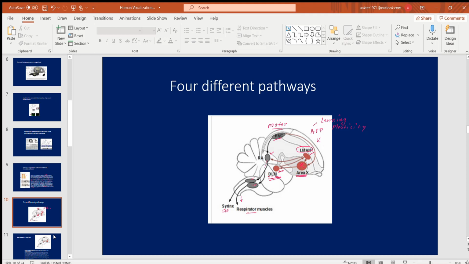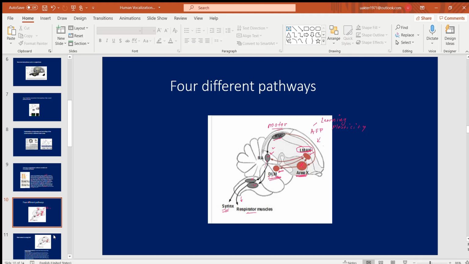Okay, and from L-man, you see that the signal goes to the RA. So this pathway is connected to the motor pathway, which makes sense, right?